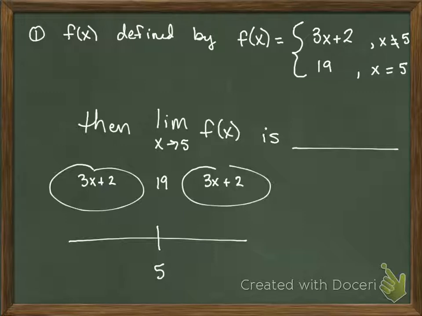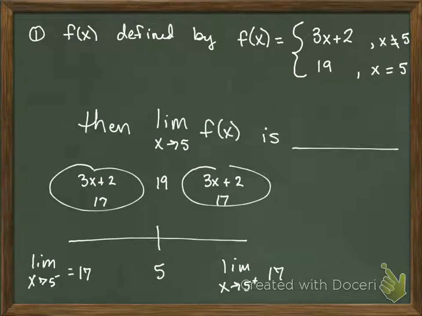So, if we're plugging in for the left-hand side, the limit as x approaches 5 from the left, you get 17. So the limit as x approaches 5 from the left is 17. The limit as x approaches 5 from the right is also 17.